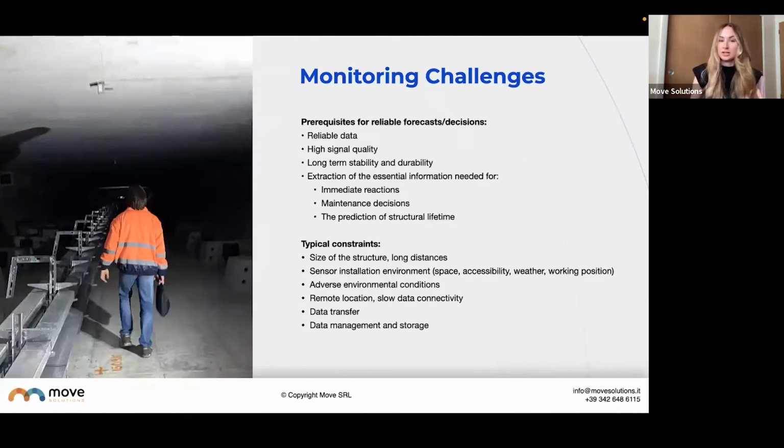Some of the challenges are that you need reliable data, high signal quality, long-term stability and durability, and extraction of the essential information needed for immediate reactions, maintenance decisions, and the prediction of structural lifetime.